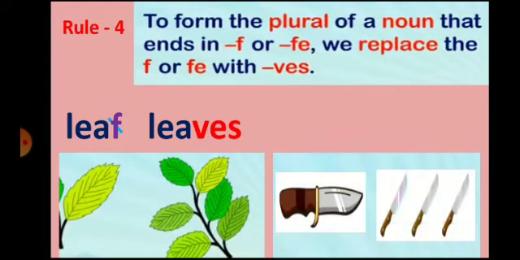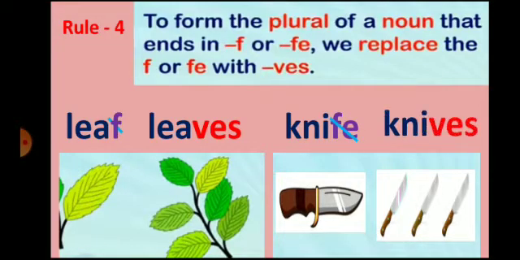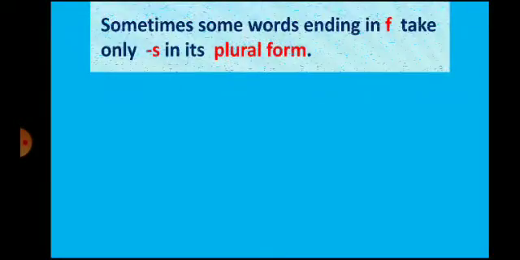Now we will see the next example. What is this? This is a knife. Can you see there is fe at the end. So if there is fe at the end, what will we do? We will cut fe and write ves. So it becomes knives.